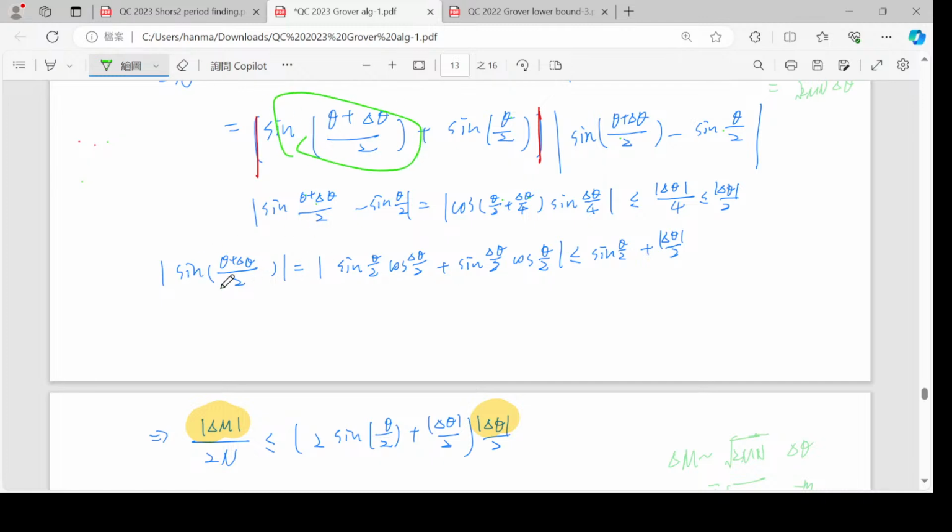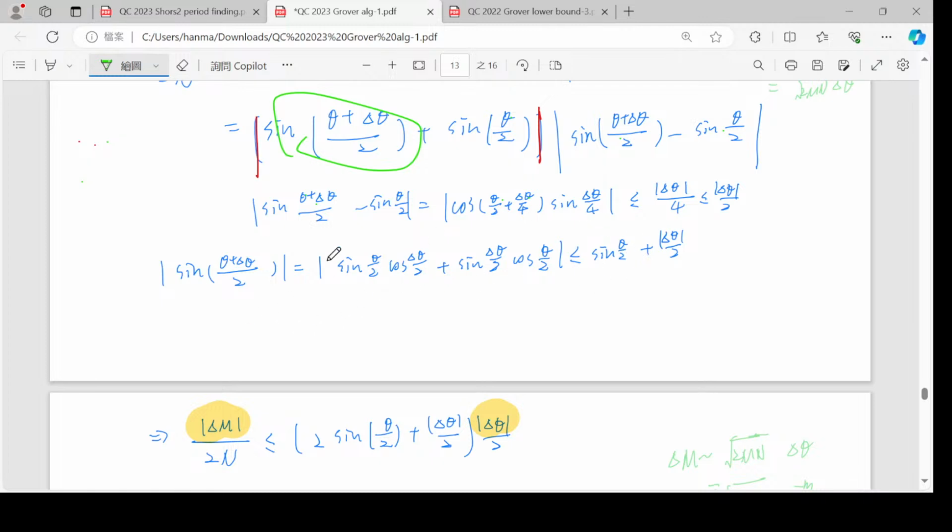We use basically the reverse of this formula: sine of a plus b equals sine a cosine b plus cosine a sine b, where a is theta over 2 and b is delta theta over 2. This is less than the absolute value of each individual term, and once again we get rid of cosine.